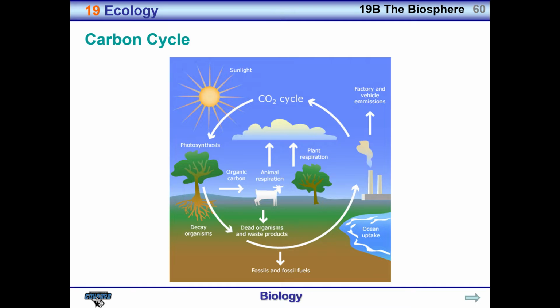Plants will then take that carbon dioxide through photosynthesis and convert it into an organic carbon compound, sugar, that we can derive energy from. Now, in addition to that carbon cycle, we know that factories and vehicles also produce a considerable amount of carbon dioxide. Some of the carbon dioxide is absorbed into the ocean. So the ocean can hold a lot of carbon dioxide.